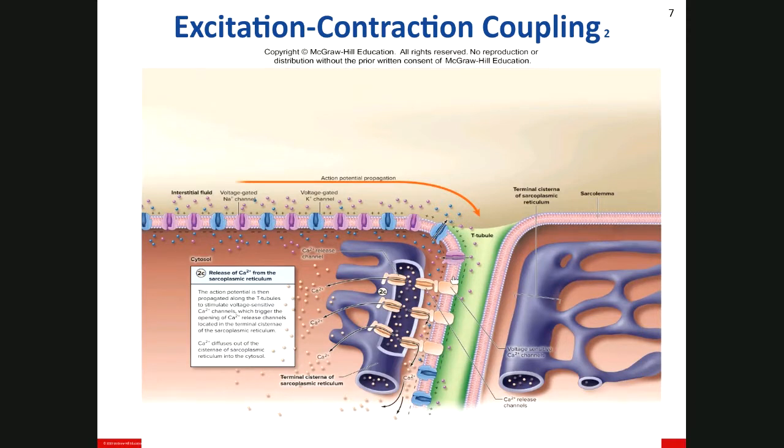When it enters the T-tubule, it stimulates the voltage sensitive calcium channels, and then they trigger opening of calcium channels in the wall of our sarcoplasmic reticulum. So calcium ions come out of the sarcoplasmic reticulum and go inside the cell. This step is called excitation contraction coupling.